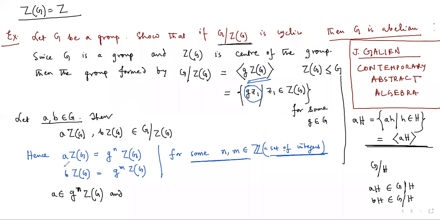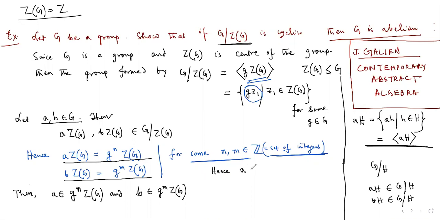Whenever I can write this element as this and that element as that, then we can say a belongs to the set g^n Z(G) and b belongs to the set g^m Z(G). Hence a can be written as g^n d, and b can be written as g^m h, for some d, h belonging to Z(G).